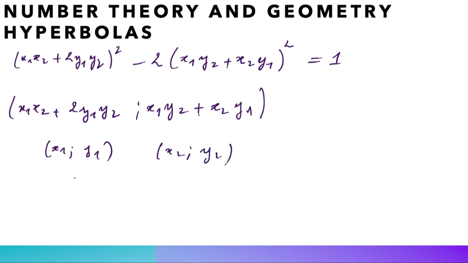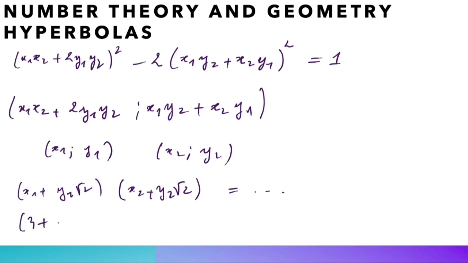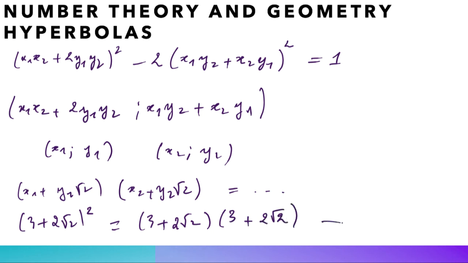Said in other terms, if (x1, y1) and (x2, y2) are both solutions to our equation, then by multiplying x1 plus y1 square root of 2 times x2 plus y2 square root of 2, one gets actually a new solution. And this is actually what happened with 3 plus 2 square root of 2 all squared, because all we've done here was multiplying 3 plus 2 square root of 2 by itself. And this gave us a new solution to our equation.